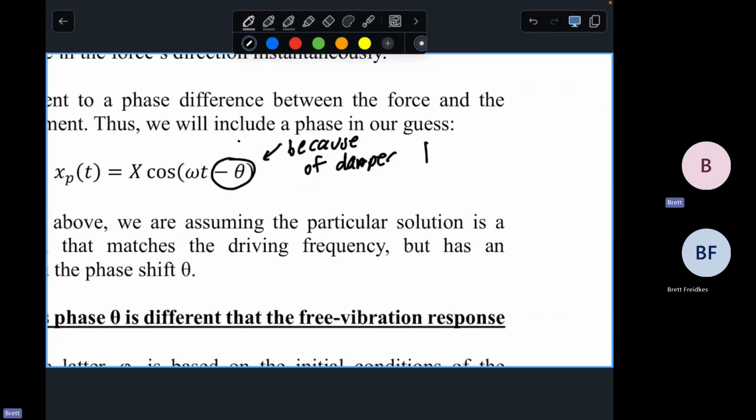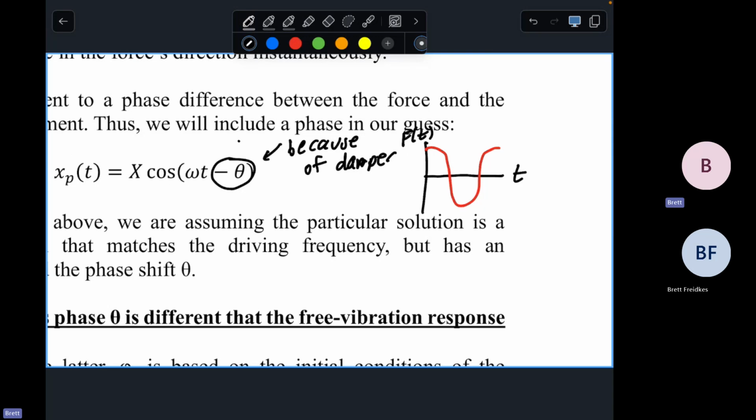So if I have my force, let's say my force looks like this. So this is T versus F of T. We will have the same frequency, but because of the damper, the mass is a little slow at responding.